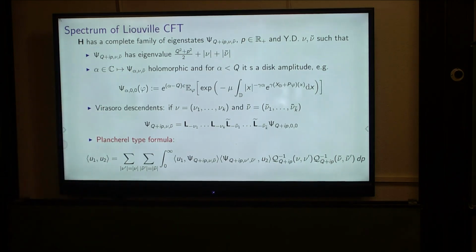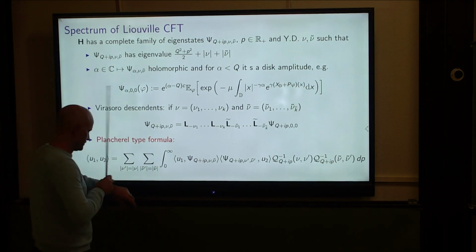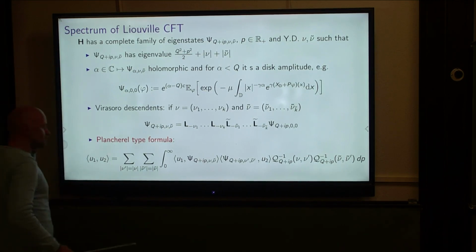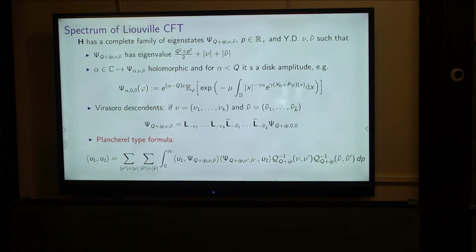So this means that we have a way to diagonalize the Hamiltonian with a family of eigenstates that is well fitted to the symmetry of our problem. Okay? So this is the first result, one of the crucial inputs we need to explain the bootstrap. Is that okay? Question?